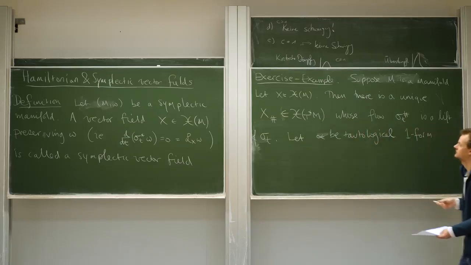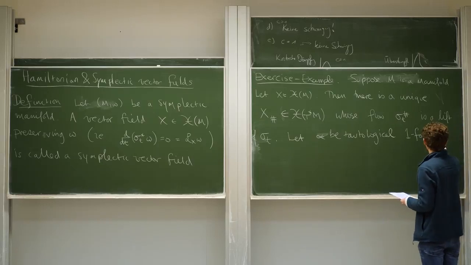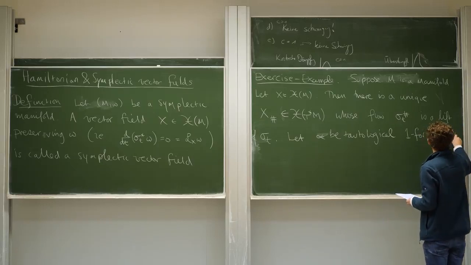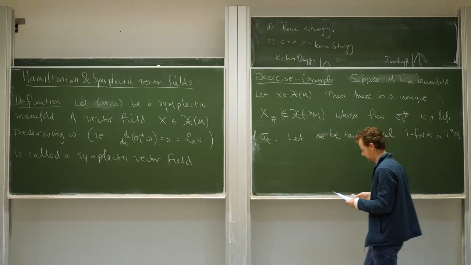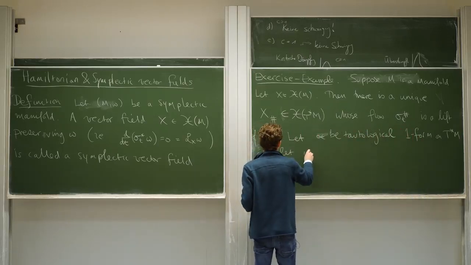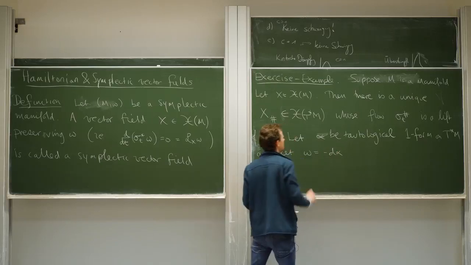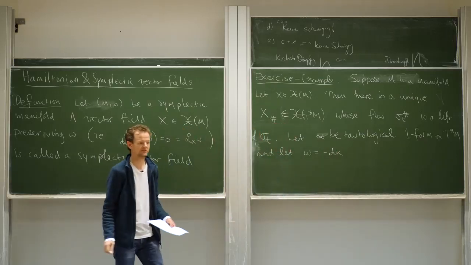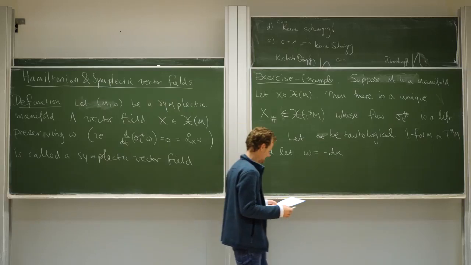Now we know that this cotangent bundle is symplectic, and we have this tautological 1 form, which we can use to get the symplectic 2 form. So we can get this symplectic 2 form like that for this example of the cotangent bundle.